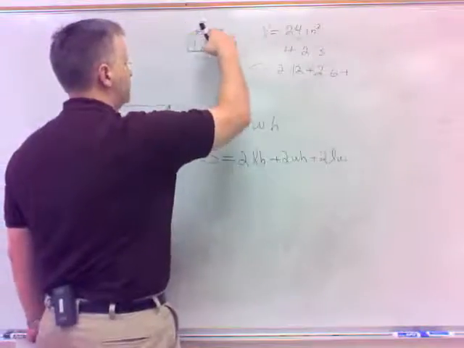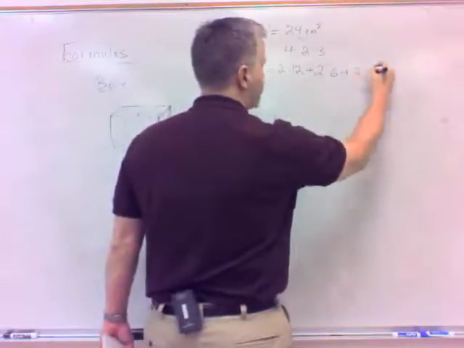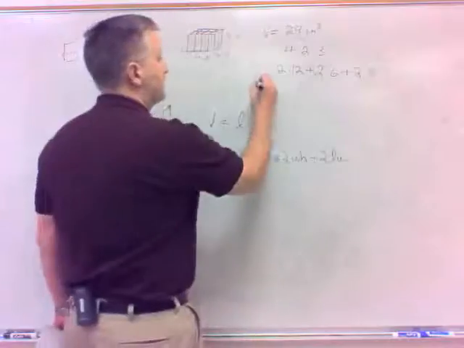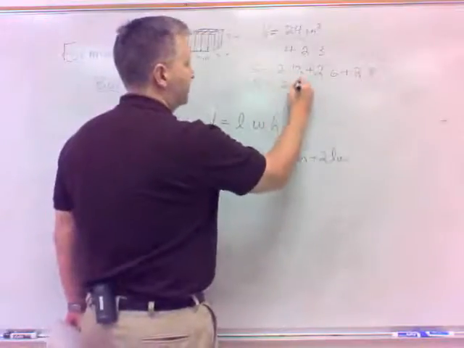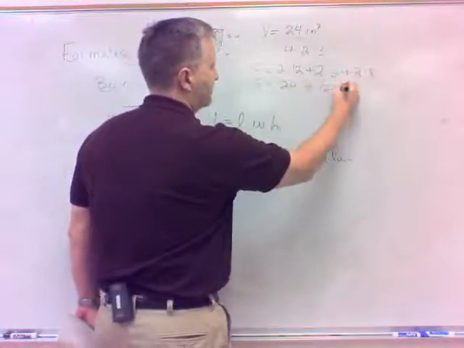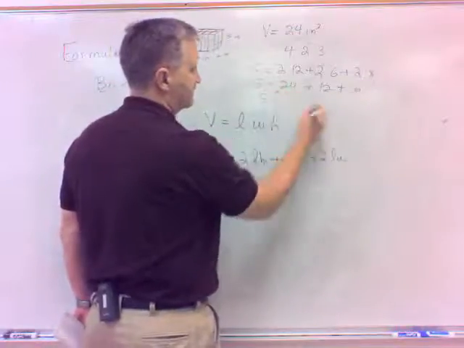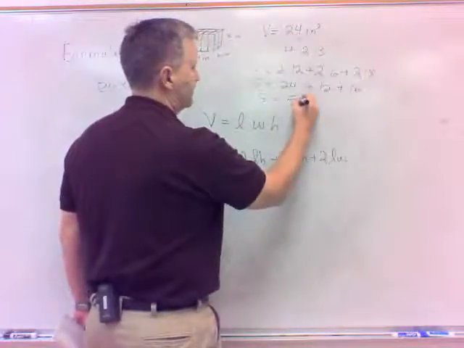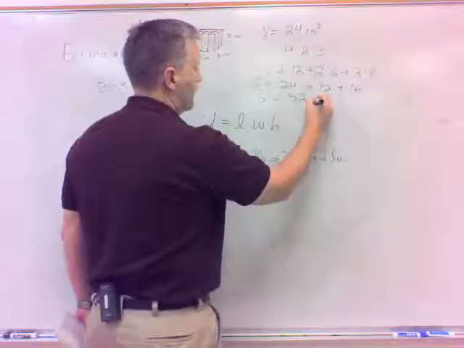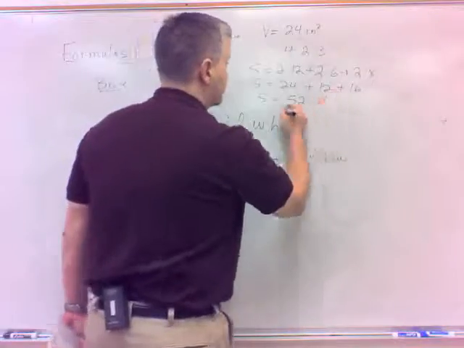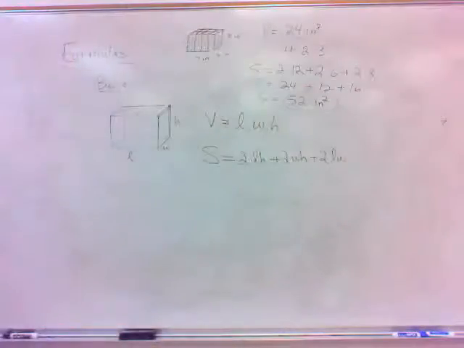The length is 4, the width is 2, so it'd be 2 times 8. 2 times 12 is 24, 2 times 6 is 12, 16, so the surface area of this one is 36, and 16 is 52. Square inches, yes, area is always inches squared. Square, whatever units it is. All right.